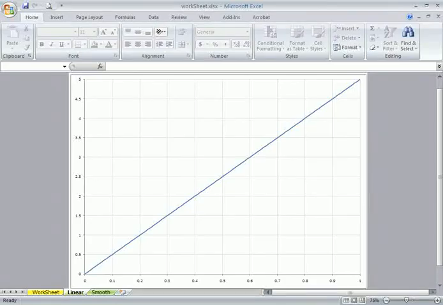Okay, so let's go into Excel here. Say we had a range between 0 and 1, and we wanted to generate a line that goes between 0 and some other value. I've chosen 5 to work with. So you can see here, I've generated a series of points that draw out this line that connect straight from 0 to 5. And to generate this line, all we need to do is use our y equals mx plus b relationship to figure out what is the relationship between the horizontal x-axis and the vertical y-axis.